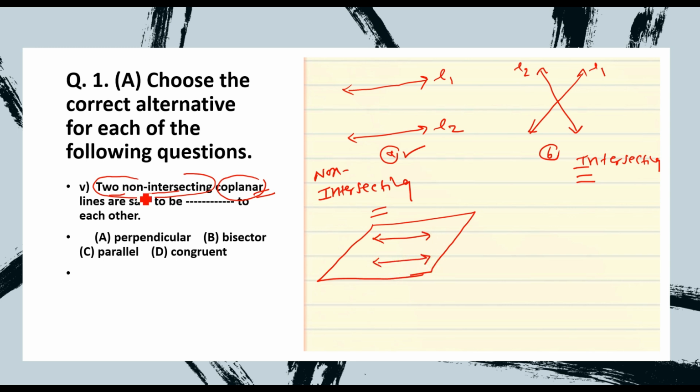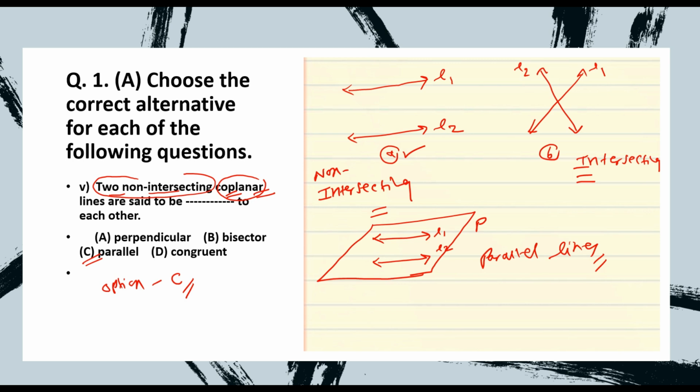According to this condition, the two lines L1 and L2 lie in the same plane P, coplanar and non-intersecting. It means definitely they are parallel lines. Therefore, my option is C for this particular question.